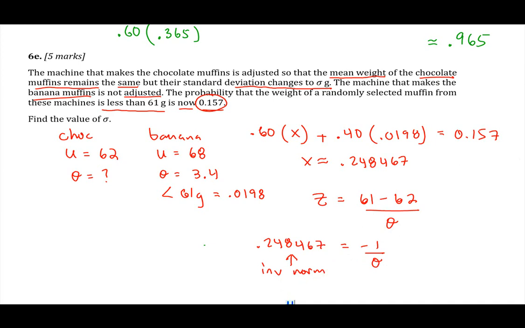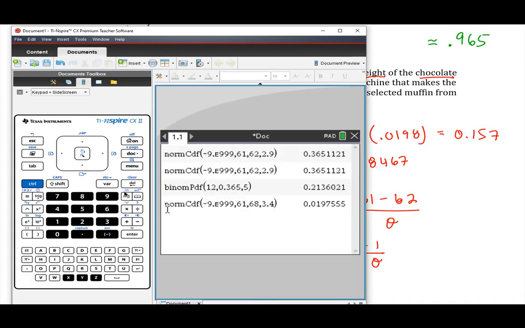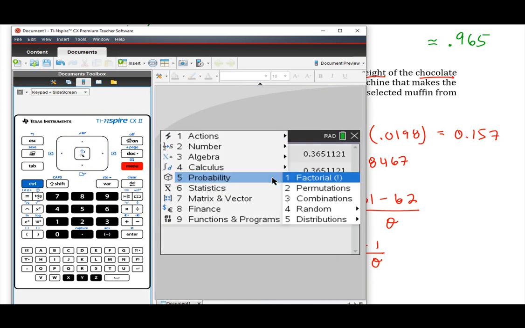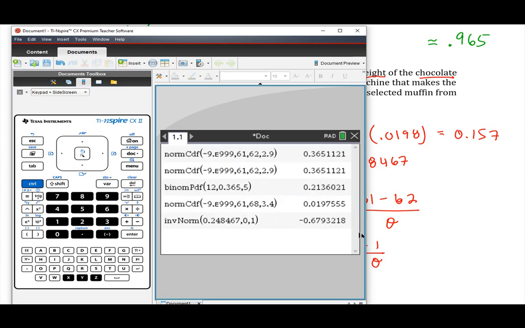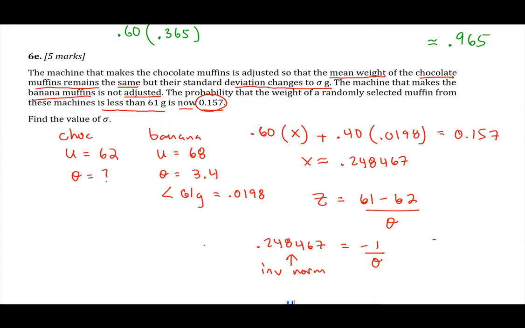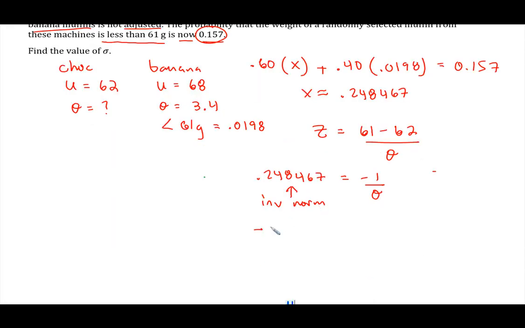So let me do that real quick. Menu, probability, distributions, inverse normal, and the value is 0.24847. Remember, whenever you don't know both the mean and the standard deviation, just leave it 0, 1. So we get negative 0.6793218.